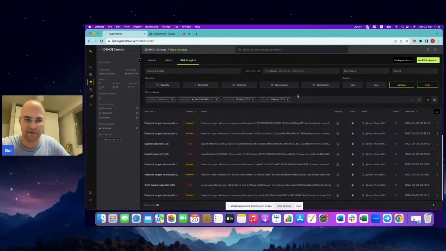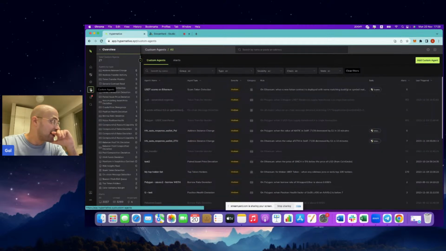If, let's say, you don't have any automated process or you don't want to do any automated process, you can still have a very expedited process of recovery and post-incident help to handle and investigate the incident that happened, help you recover the funds, and so on. We also, as you saw, have an integration with OpenZeppelin Defender. So if you use OpenZeppelin Defender, you can use Hypernative alerts to trigger that.